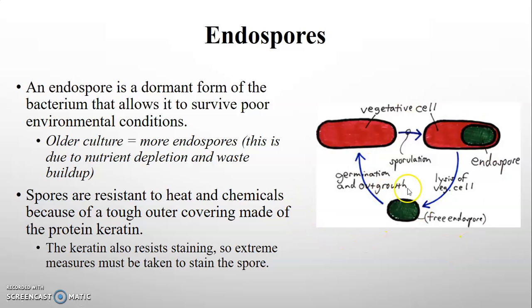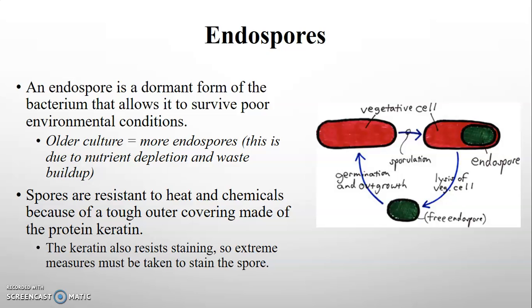If the environment were to stabilize and those nutrients would come back and the temperature would be normal again and the toxic chemicals go away, this endospore would burst and it would be the return of the active vegetative cell again.